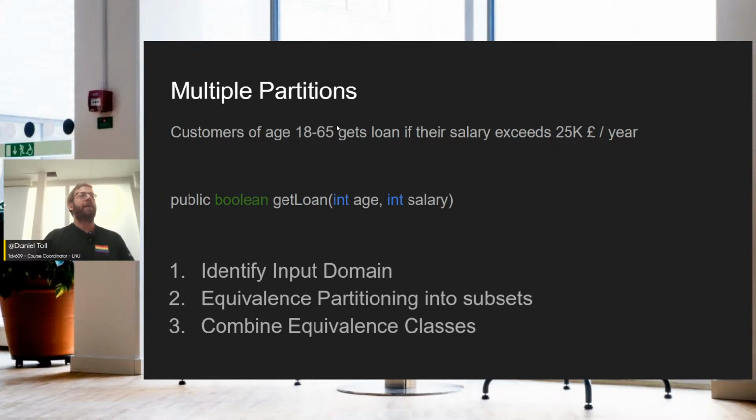From 18 to 65, we have the valid range of people who are going to get loans. Then we have 66 up to 122, which are humans but are not getting loans. Then we have above 122, which are invalid inputs. And then for salary, we would have 0 to 25,000 and so on.